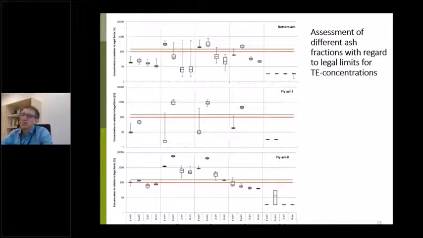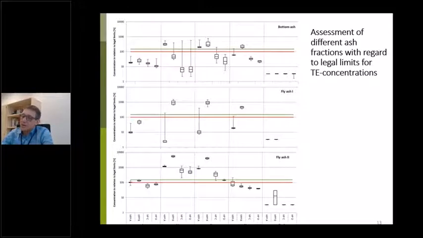So if we look at fly ash 1, we see in each case two concentrations, from the first and the second power plant, and you can see the ashes from power plant A would be usable as fertilizer, while the ashes of power plant B wouldn't be usable, which is mainly depending on the fuel that is used, since those plants also combust shares of waste wood.